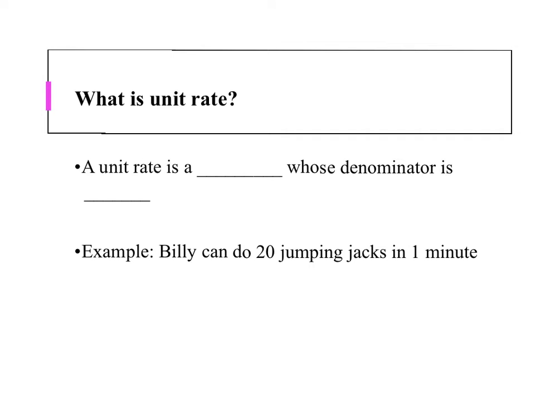Now when we're talking about unit rate, in this case, this word unit would mean 1. So a unit rate is a ratio, so it's still that ratio, whose denominator is 1. So it's just like what we talked about on the last slide, where you're doing 2 different units, like jumping jacks versus minutes, but the denominator has a value of 1.